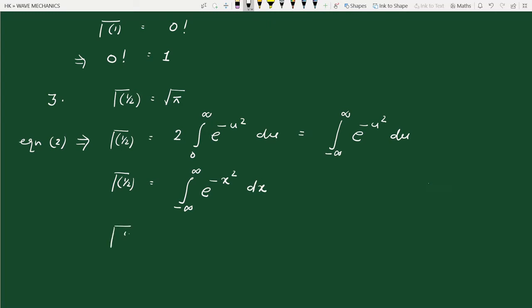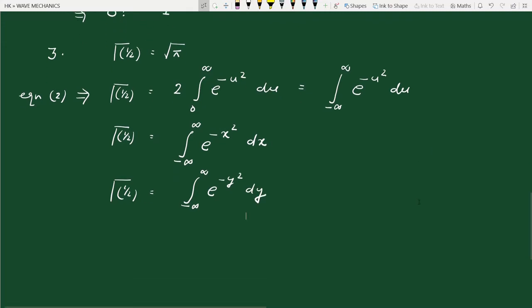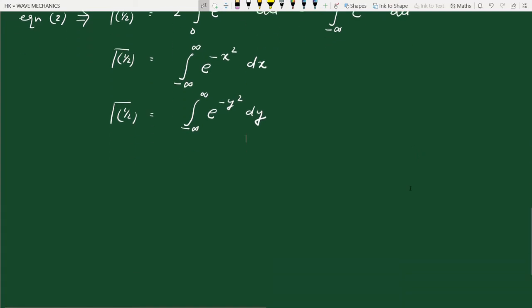Now let me rewrite gamma half again in terms of the variable y: integral of e raised to minus y square dy. Naturally these are dummy variables, so we can do this. Now let me multiply these two terms.